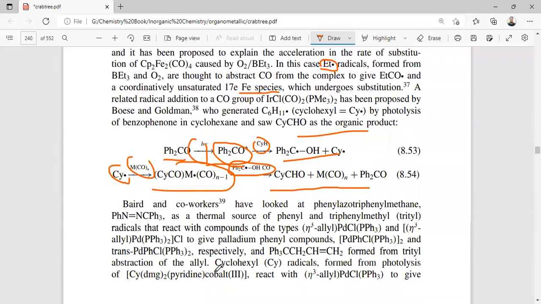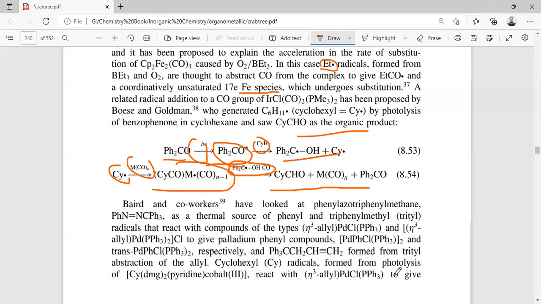Bayard and co-workers have looked at phenylazotriphenylmethane as a thermal source of phenyl and triphenylmethyl radicals, which react with compounds of type eta-3-allyl PdCl to give the palladium phenyl compounds, so trans-Pd(Ph)Cl(PPh3)2 respectively. The Ph3C and CH2 allyl form, from the radical abstraction of the allyl.